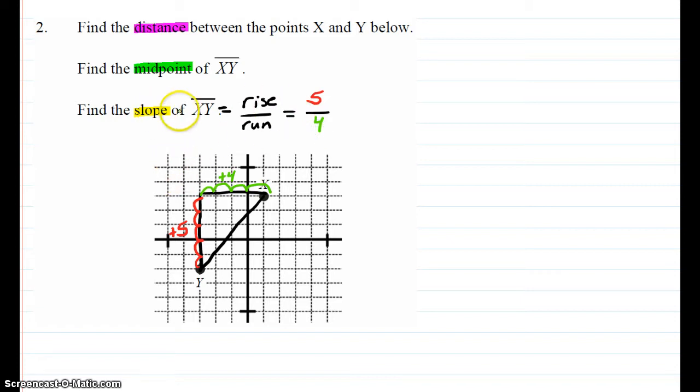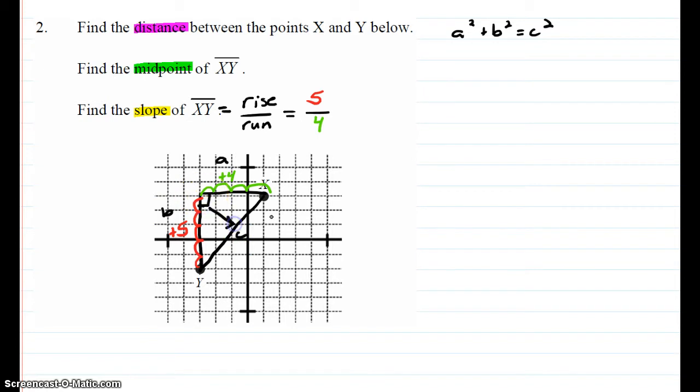Now the reason I started with slope is because now to find the distance we're going to have to use the Pythagorean theorem, that a squared plus b squared equals c squared, and we'll let this side be a, this is b, and c is always the side opposite the right angle.